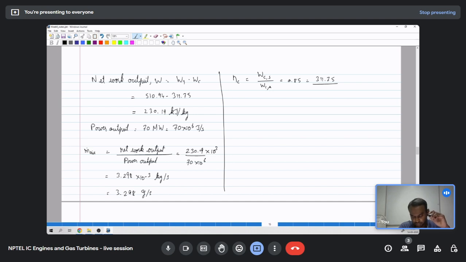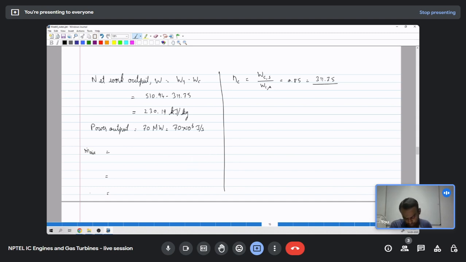In the previous section, the m dot air should be power output by net output, right? Only then we will have it in terms of kg per second. Yes, that's what I was confused about, how the mass flow rate is very low. So now we will have power output by work output.